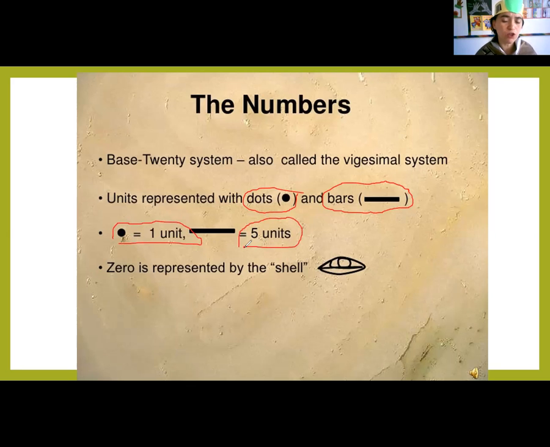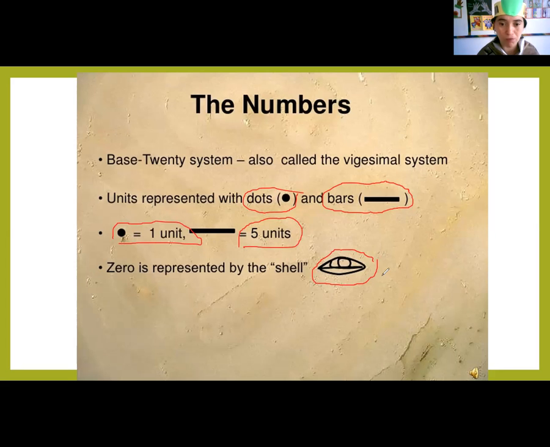So, you're going to ask me, Miss, but how can they write number 0? Number 0, they represent by a shell. If you see the numbers of the Maya civilization, you're going to see the shell. So remember that the shell is going to be represented by number 0.